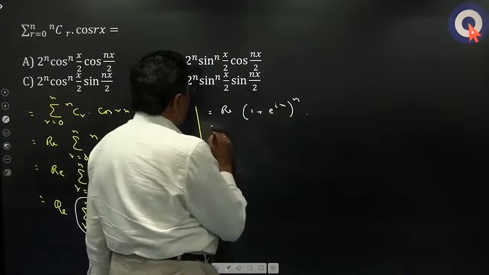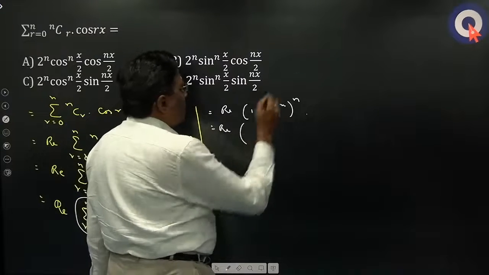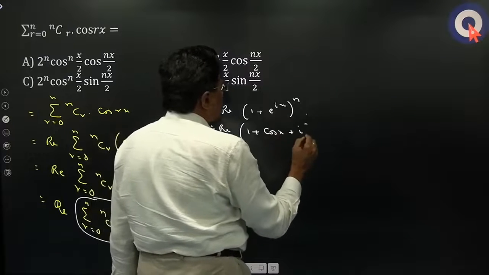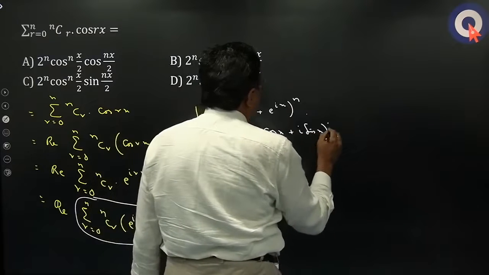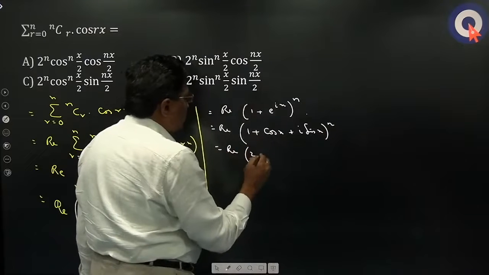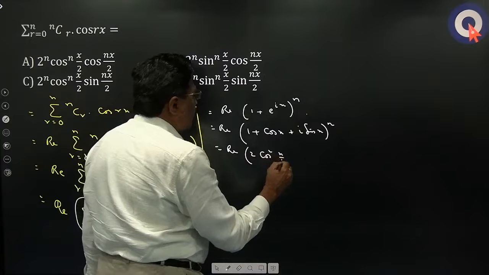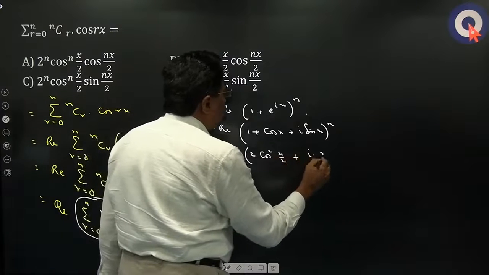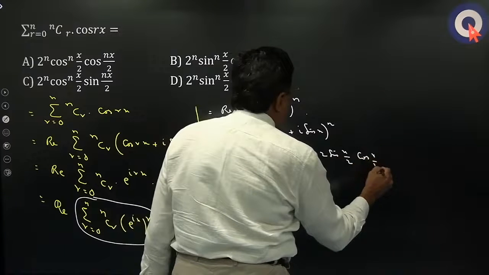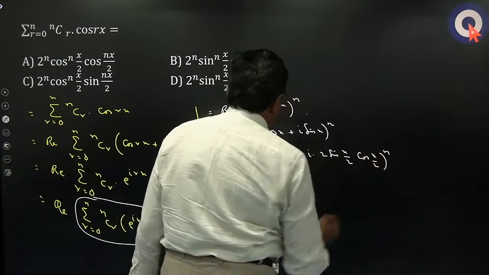So this is the real part of (1 plus cos x plus i sin x) to the power n, which is the real part of (1 plus cos x is 2 cos square x by 2, plus i into 2 sin x by 2 cos x by 2) whole power n.